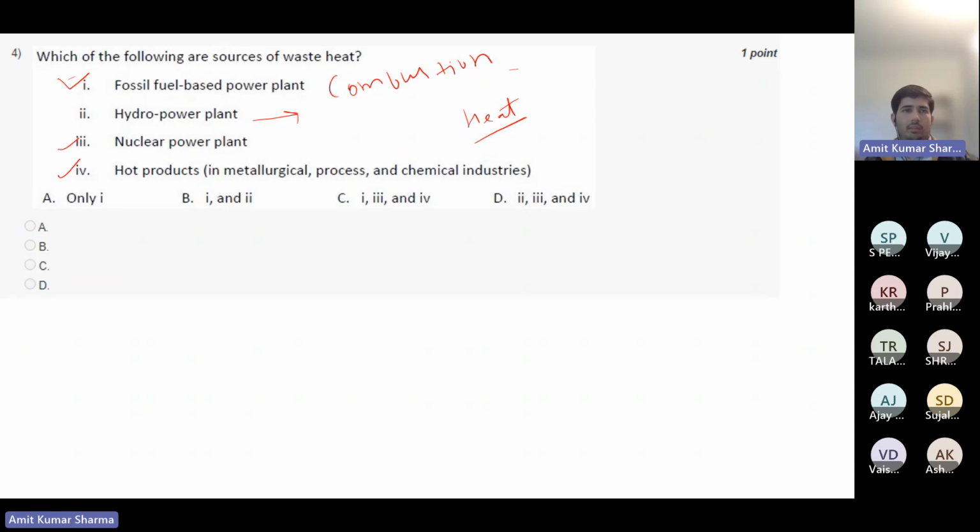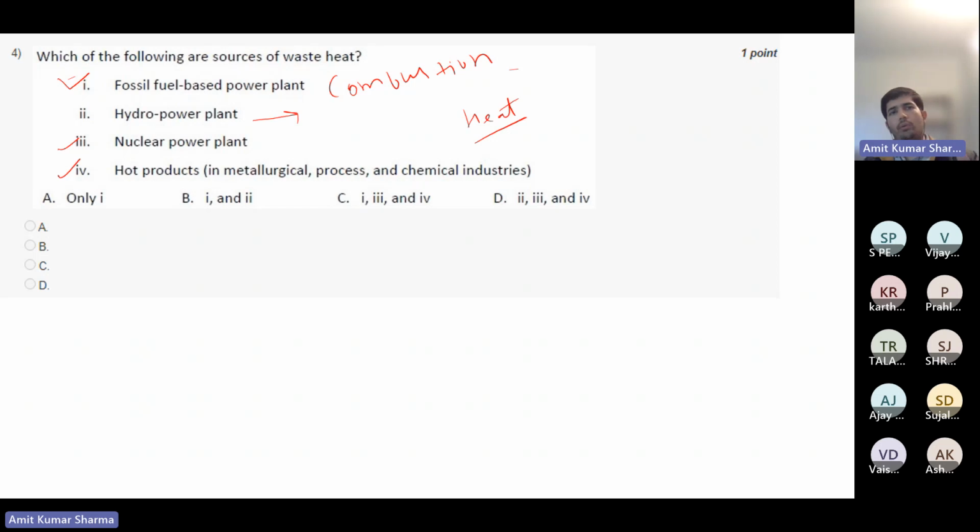So the hydropower plant is not a source of waste heat, and a fossil plant, as we know, is based basically on combustion. We are using boilers, we are using coal to generate the steam. In a nuclear power plant also the reactions involve huge heat and hot products, and like in metallurgical and chemical industries, there is huge heat in reactions.